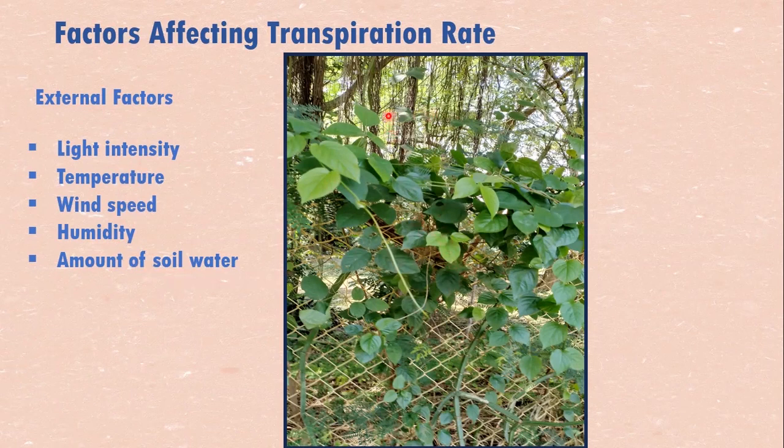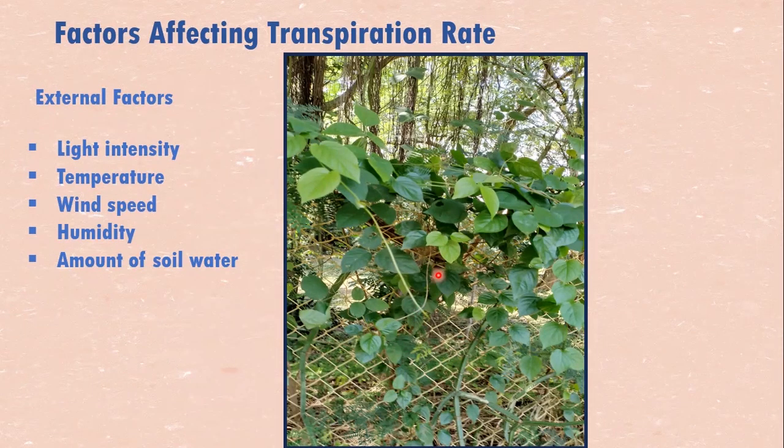Light intensity, any increases in light intensity will increase temperature and will affect the rate at which water is being lost, that is transpiration. Wind speed, any wind will also affect the rate at which water is being lost from the leaf. Humidity, if this environment is moist, then very little water will be lost from the aerial parts in the form of water vapor. Then the amount of soil water. So these are the external factors.